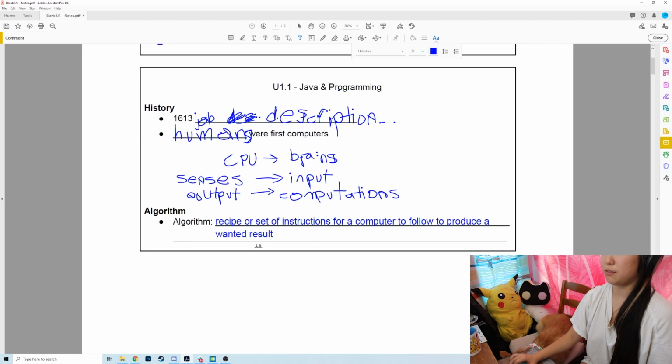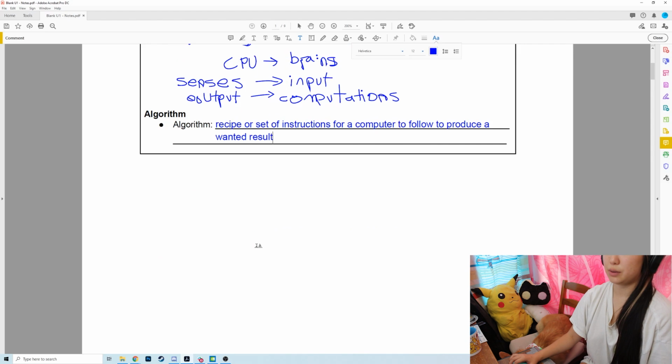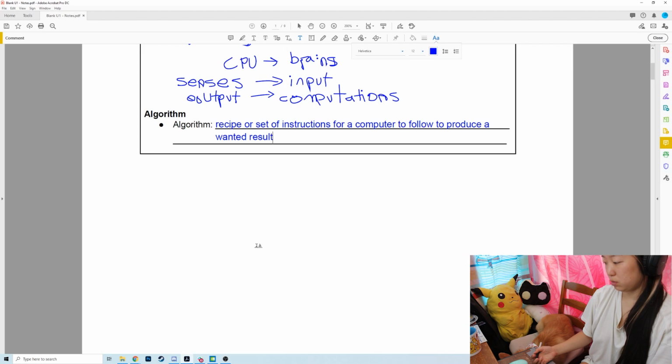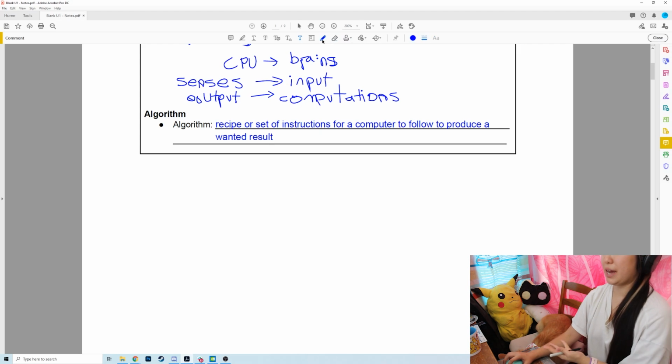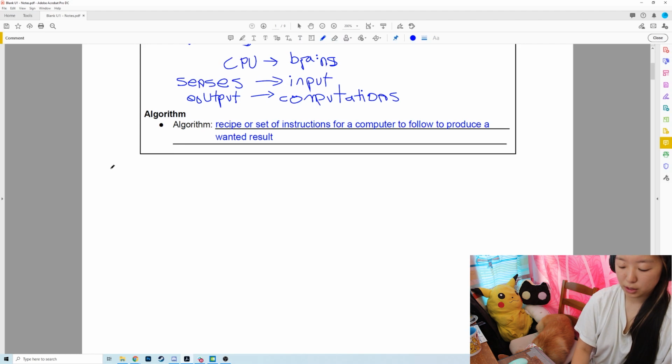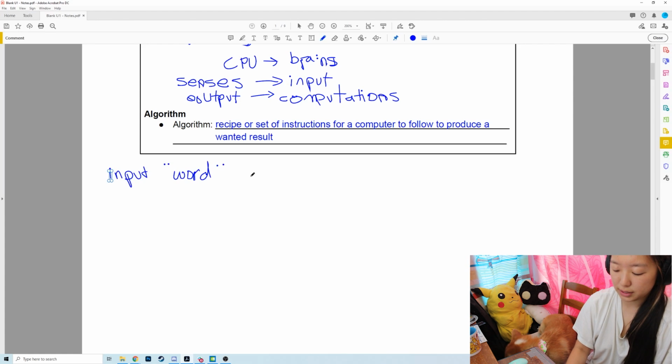Okay, so let me give you an example of this. One thing that we might want a computer to do is take an input of some sort and print it out on the screen. So maybe your input is a word, and you want it to be printed out on the screen.